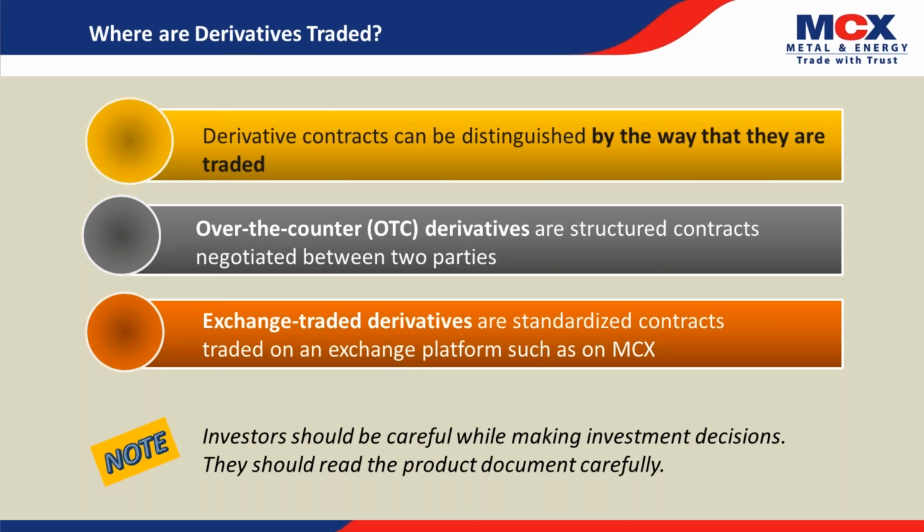That is the OTC, or over-the-counter derivatives. Similarly, on the exchange side, there are exchange traded derivatives. These are standardized contracts traded on an exchange platform, such as the MCX. And these trades are anonymous, which means that the buyer doesn't know who is selling the contract and the seller doesn't know who is buying the contract.